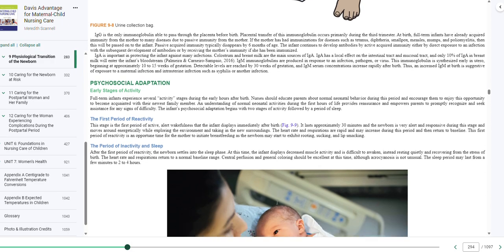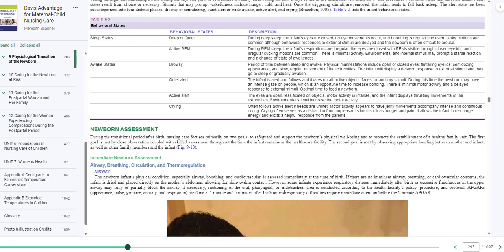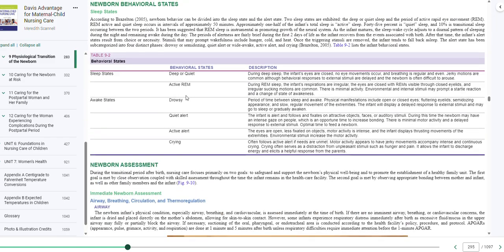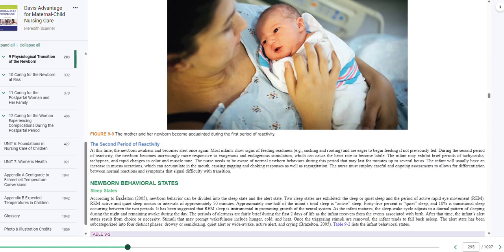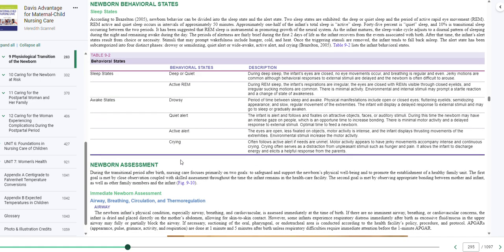All right, let's look at newborn sleep states and behavioral sleeping patterns, okay? So this chart is in your book on page 295. Under behavioral states, where it says sleep states on page 295, about halfway down that paragraph, right here.